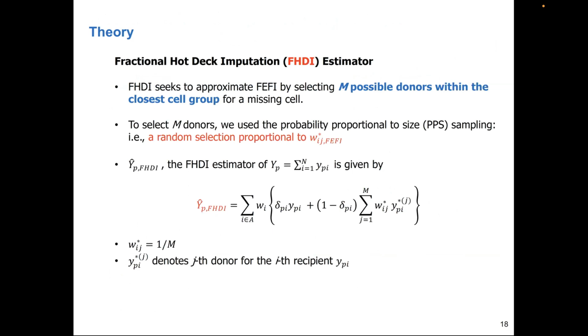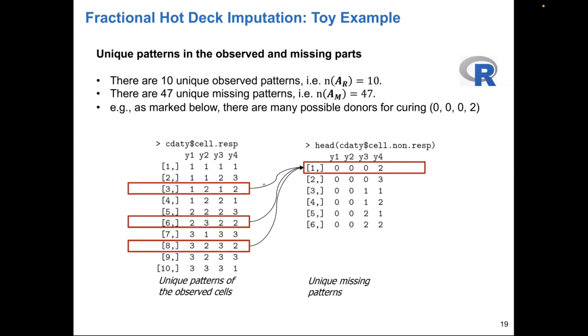But for fractional hot deck imputation, rather than using all of them, why don't we just randomly or properly choose M donors, which may be very small. This is very important because if we extend this to a big data problem, we cannot use all possible donors; it's too much. So we have to use M possible donors. We call that FHDI.